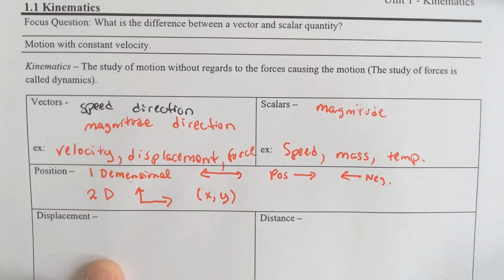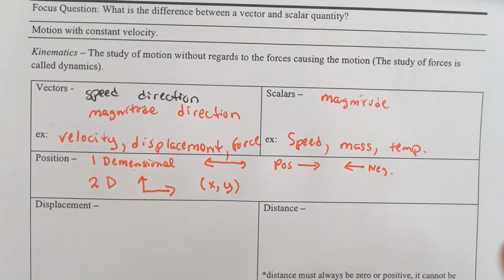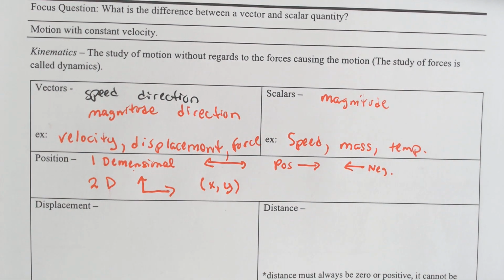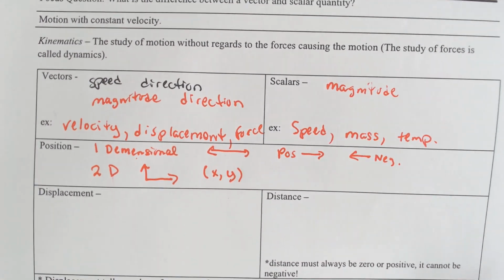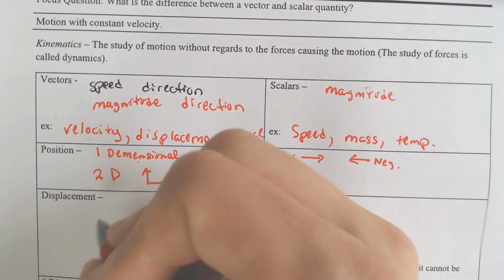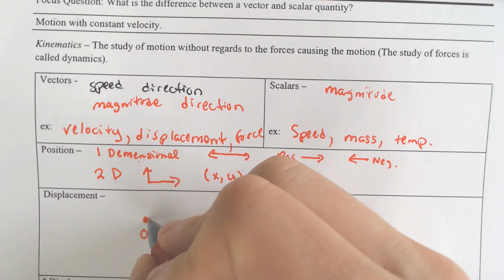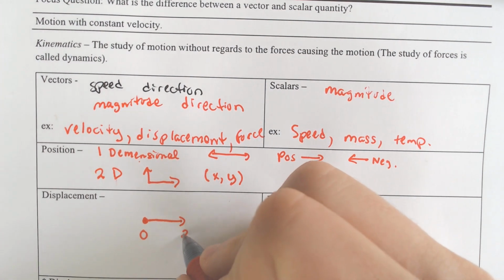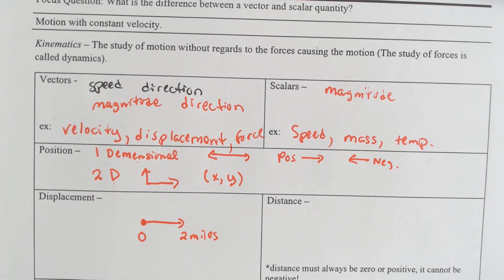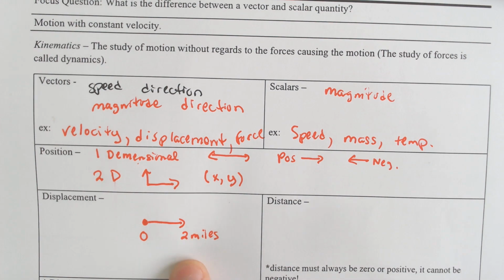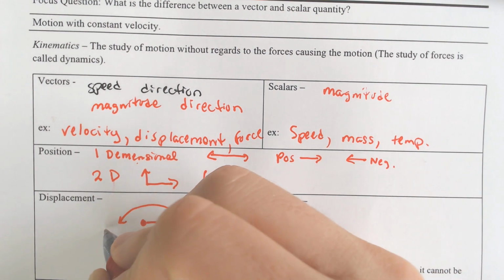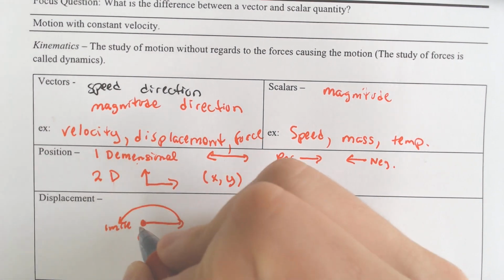Now, there is a big difference between displacement versus distance. All of these are going to be showing you the vector idea on the left and the scalar idea on the right. Whereas displacement, this is whenever you're thinking about it. So let's say we were starting here in the middle, and we can call that 0. And I went to the right by 2 miles, even though with physics we tend to talk about meters. But I'm trying to keep it with things that, let's say you walked 2 miles to one store, and then you walked back over to here, and you had to walk to this store over here 1 mile away from our original.